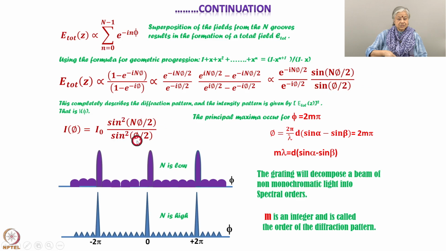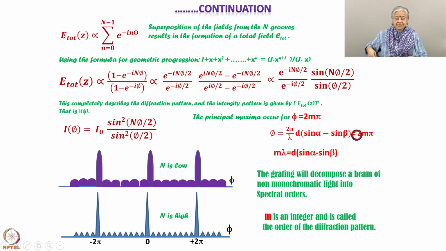And that is what happens when sine square phi by 2 tends to 0. When sine square phi by 2 becomes 0, these are at these points 0, 2 pi on this side, if I call this the central. So phi takes these kinds of values. m equal to 1 will become plus 2 pi, m equal to 2 will become 4 pi. At 4 pi again you will get a peak, and on this side minus 4 pi again you will get a peak.